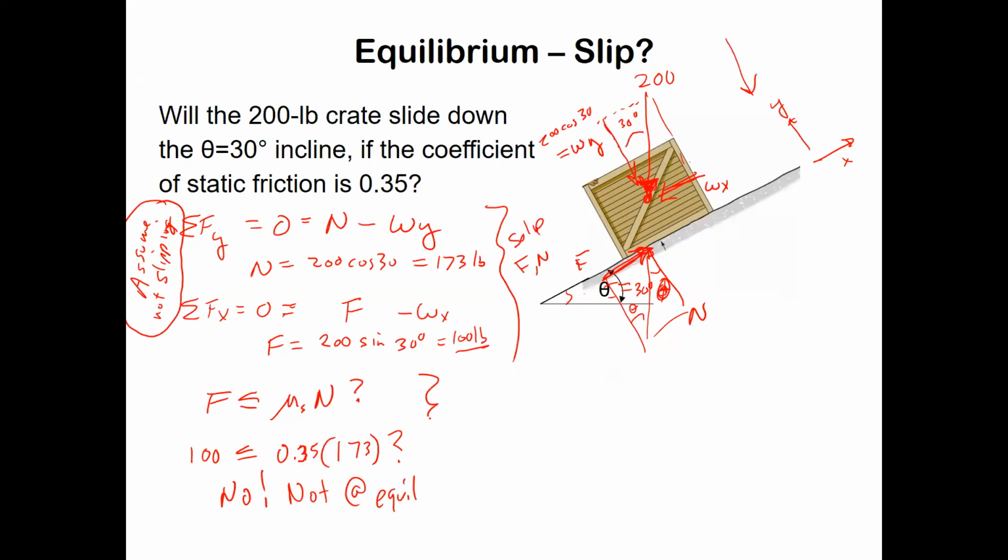We tested the limit. And the limit is that the maximum friction force is mu S N. If we exceed that limit, then it's not at equilibrium. So the answer to the question, will the crate slide down the 30-degree incline, is yes.